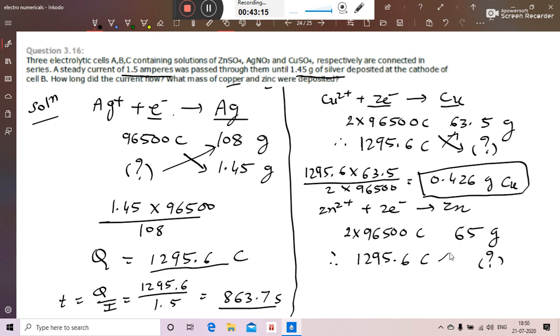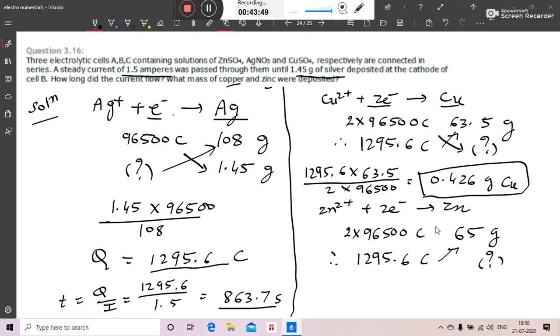So on doing cross multiplication, we will get 1295.6 multiplied by 65 divided by 2 into 96500.